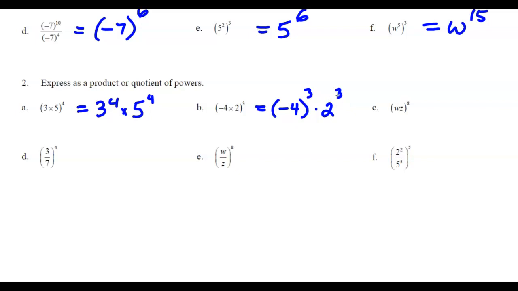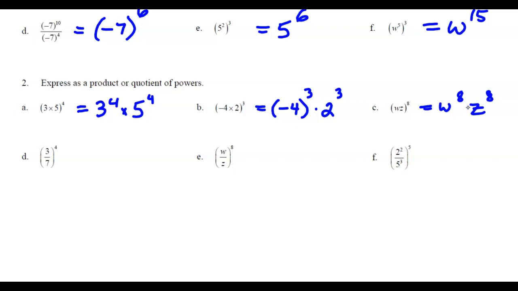Okay, so you can put brackets, totally fine. But that's what it's going to be. Okay, you guys doing these? Done them? Okay, variables, same thing. W to the 8, Z to the 8. I put a little line through it. If it's variables, you don't need a multiplication symbol. It's understood to be multiplying.